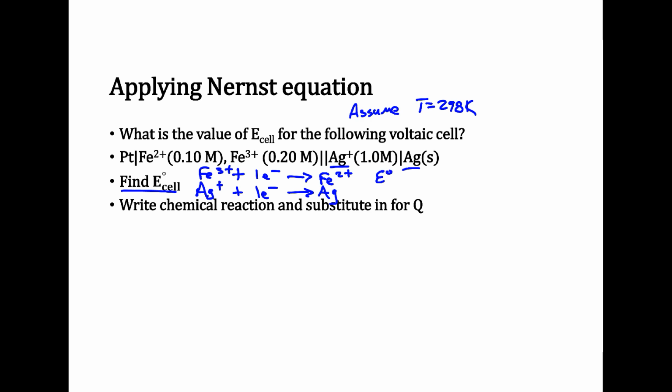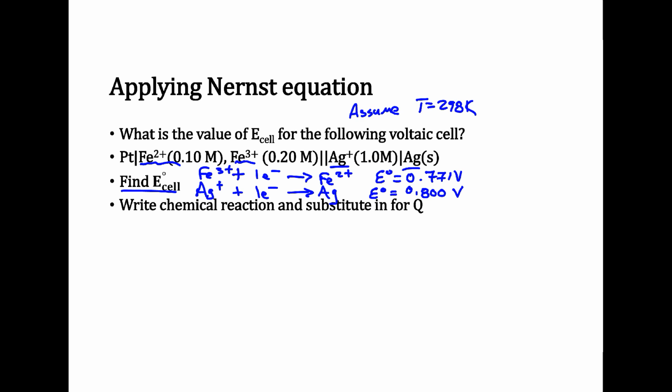And these standard potentials, for iron it's 0.771 volts. You'd have to look this up. And here for silver, it's 0.800 volts. Keep in mind that these are reduction potentials, so we're flipping the reaction that's actually occurring at the anode with the Fe2+ and Fe3+.